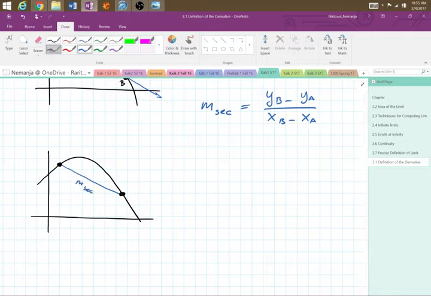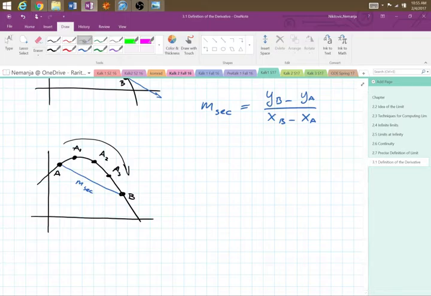And now I'm going to let this point A travel towards B. So at some point over here, it's going to be at the location A1, location A2, location A3, and so on.